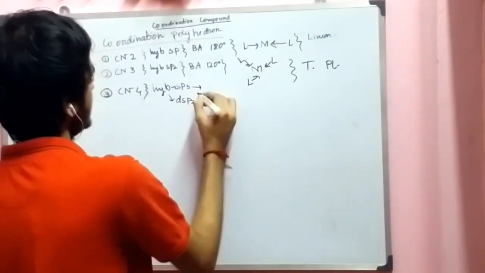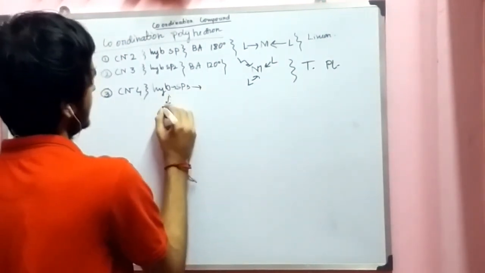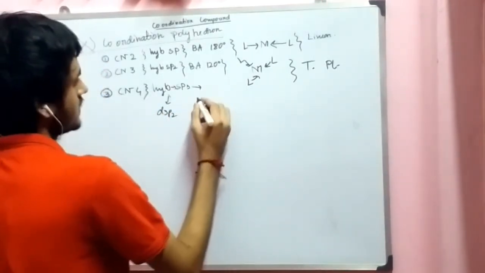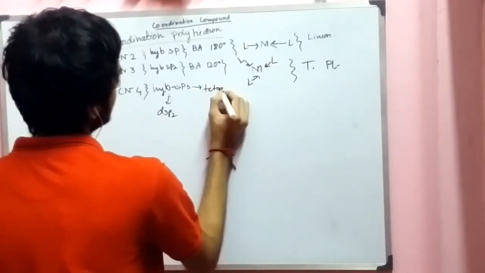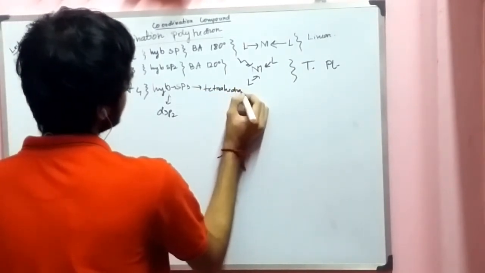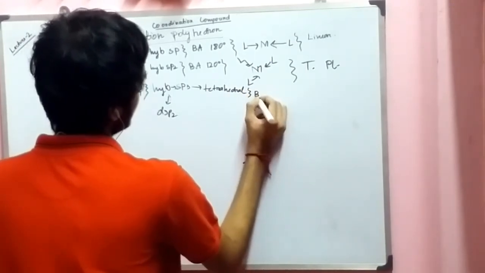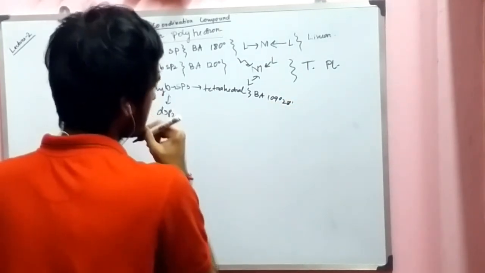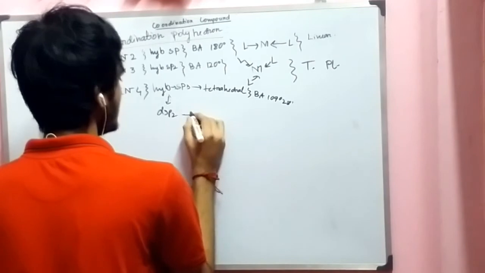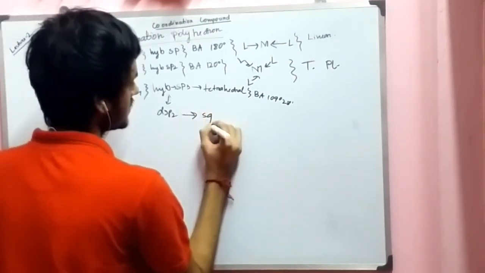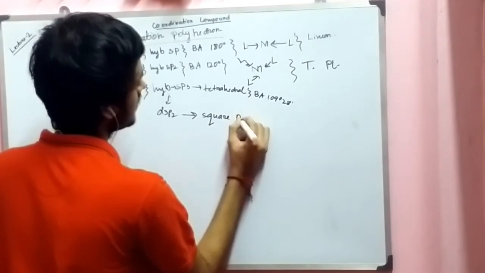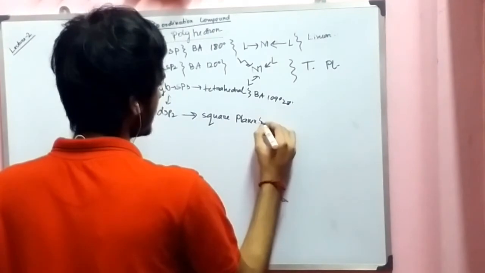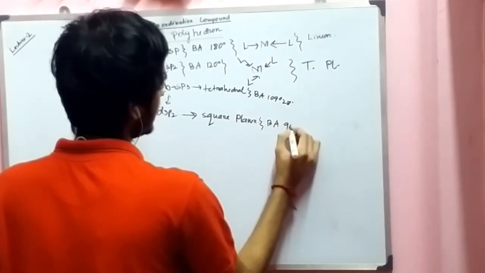If the hybridization is sp3, the shape is tetrahedral, bond angle 109 degree 28 minute. And if it is dsp2, then it is known as square planar. Here square planar means bond angle is 90 degree.